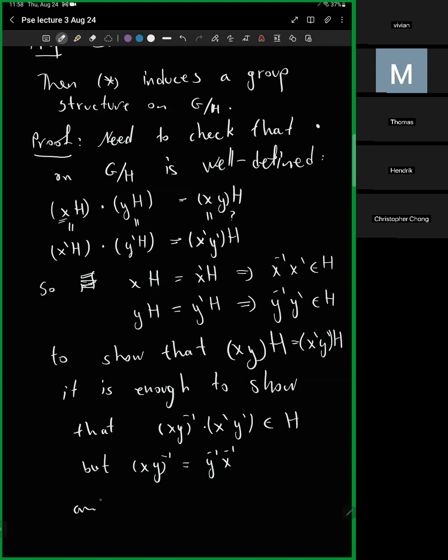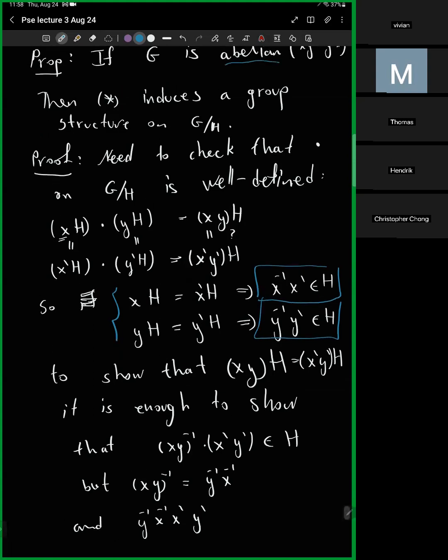So what we need to show is that y^(-1)x^(-1)x'y' is an element in H. And what I have is the two blue boxes that I started with. I started with two different representations of the coset, and they gave me the blue boxes. But now I use the fact that G is abelian.